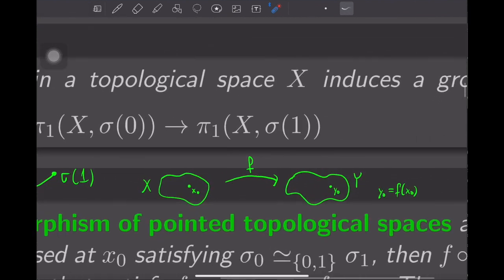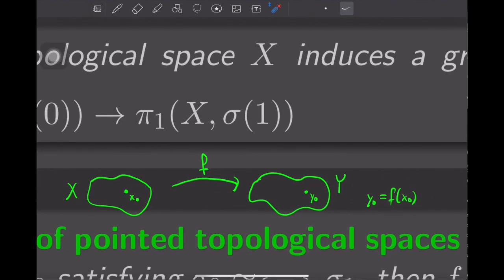And if you think about it, every time I have some homotopy here, so every time I have a deformation here, which for loops looks like I just drew, that homotopy I can just follow it with F, and I still have something continuous, right?